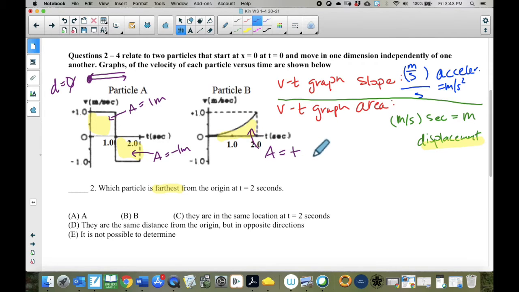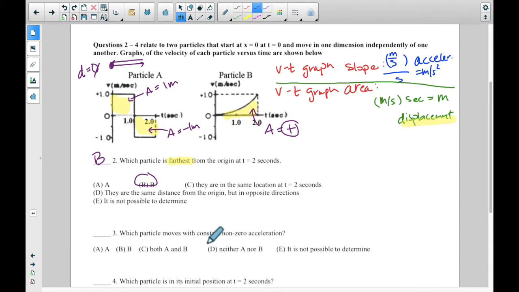It went somewhere. I don't know how far because in geometry, I don't know how to calculate that. I don't know what that curve is, but I do know that it's a positive number. So which particle is farthest? Particle B is farthest.